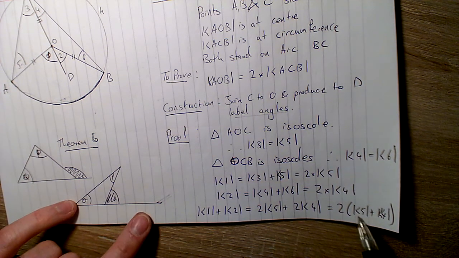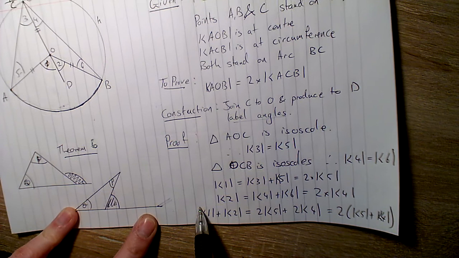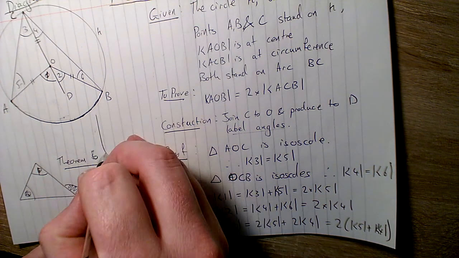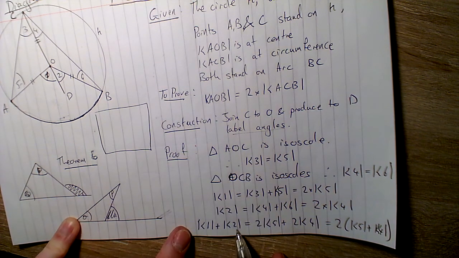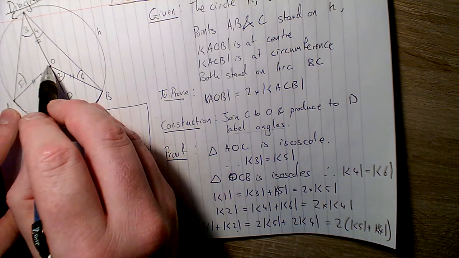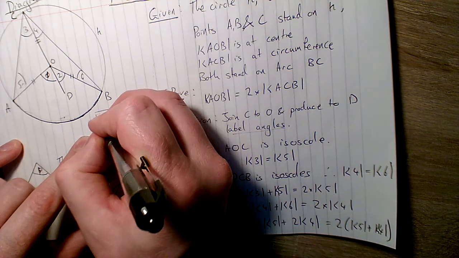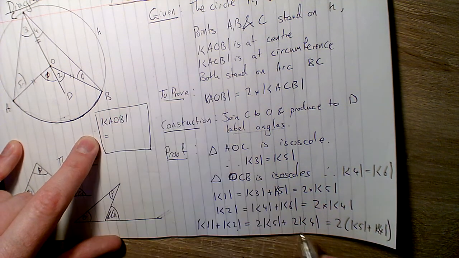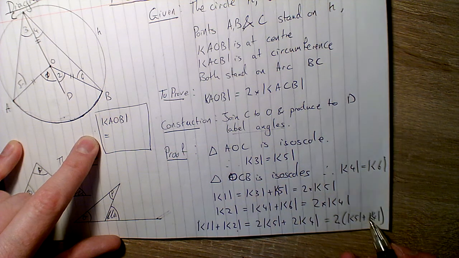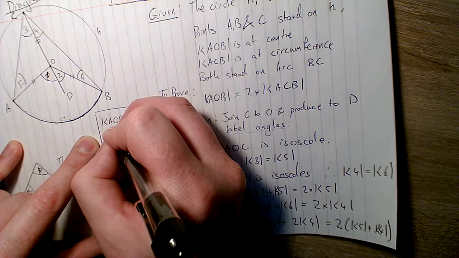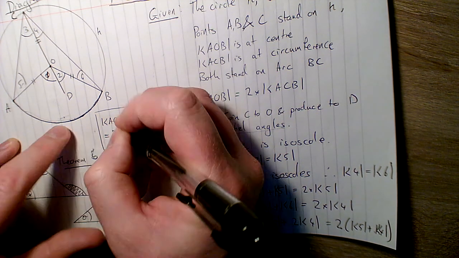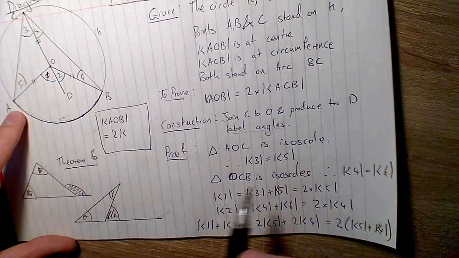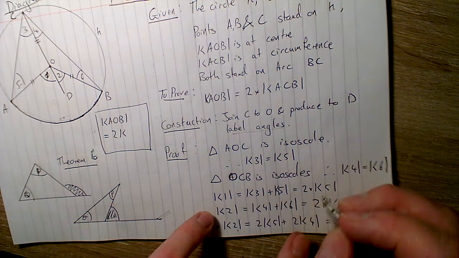Let me finish that up here, and I'm sorry for being a little bit messy on this. We were trying to show that 1 and 2 together, well, that's the angle AOB. Angle AOB is equal to 2 multiplied by 4 and 5 together, and that should have been twice 3.